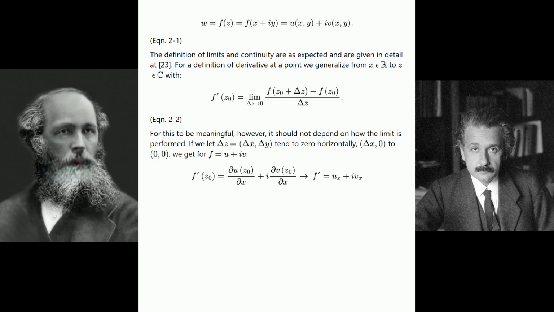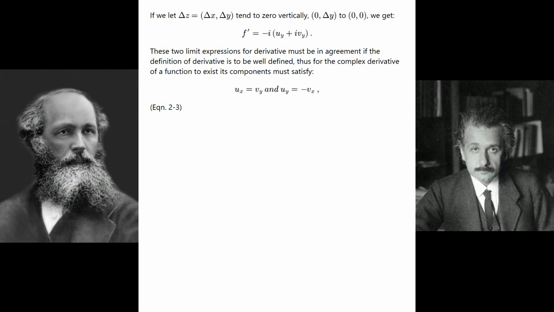For this to be meaningful, however, it should not depend on how the limit is performed. If we let Δz = (Δx, Δy) tend to 0 horizontally, (Δx, 0) to (0, 0), we get, for f = u + iv, see the next equation.